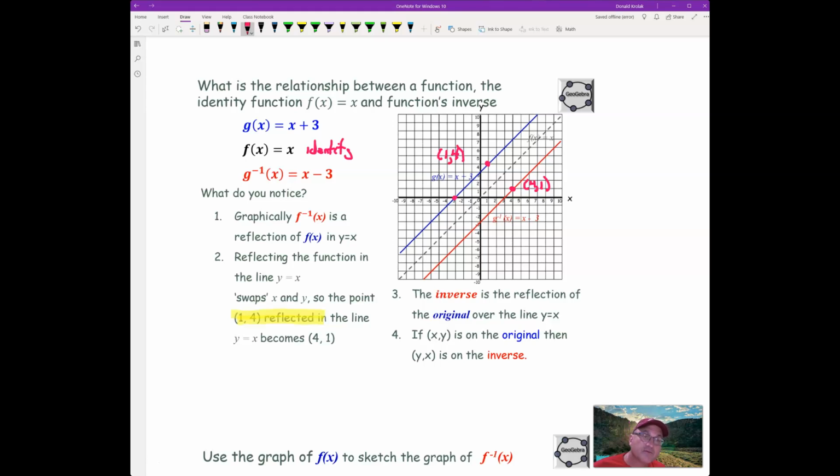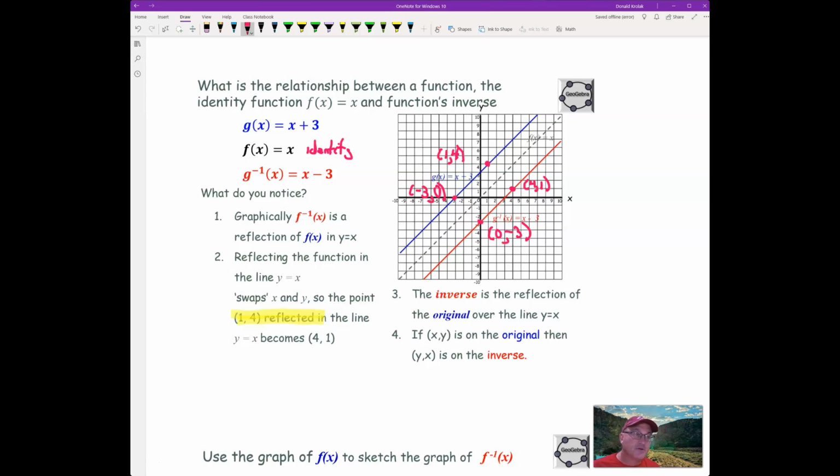That's the point (-3, 0). So that means (0, -3) should be on the inverse, and it is. So that's how graphs are related. If you think about it this way, and you fold the paper along the diagonal, what you would see is the inverse function. That's what it looks like.